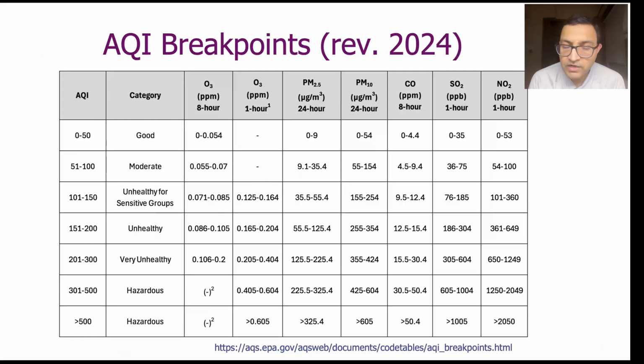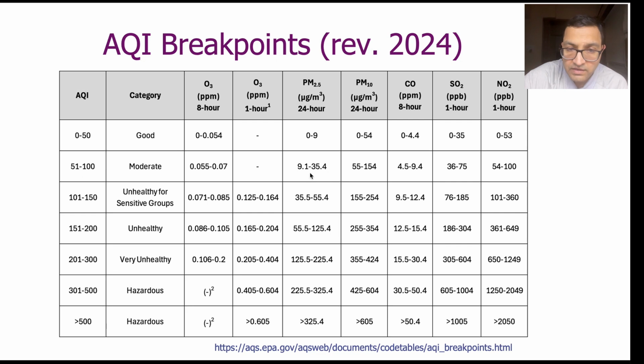Okay, how do you calculate AQI? You would need what I call the breakpoints. This is a table which was revised in 2024. I've provided this as a handout on Canvas, so you can access this. But you can see, let's consider PM2.5 at 35.4 micrograms per meter cubed, your AQI would be 100, and at 9.1 it would be 51.